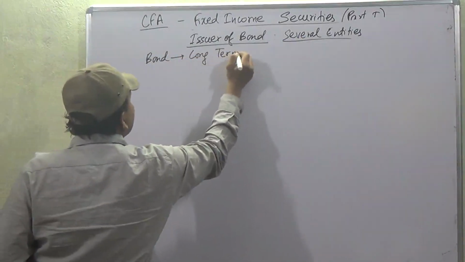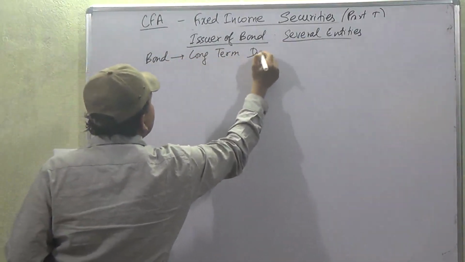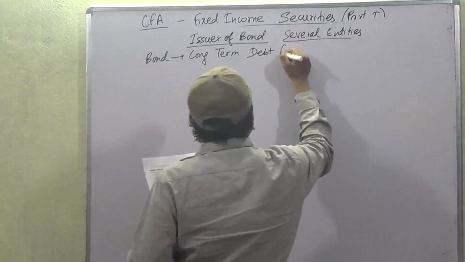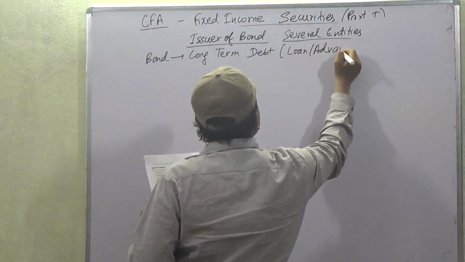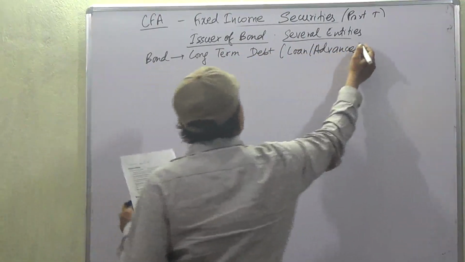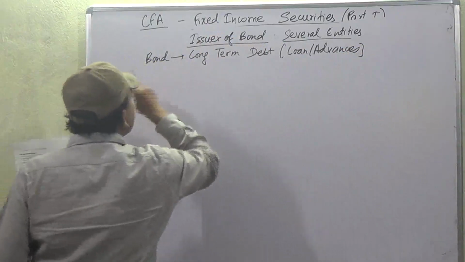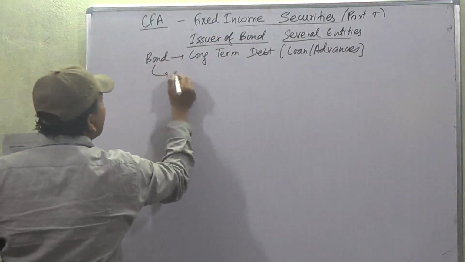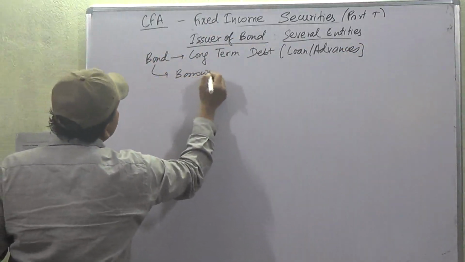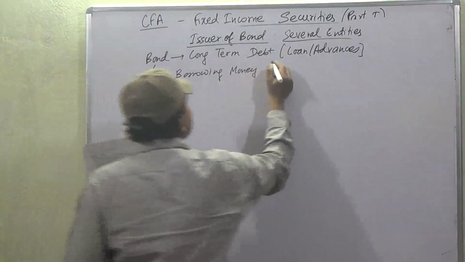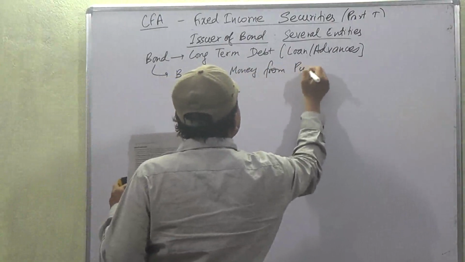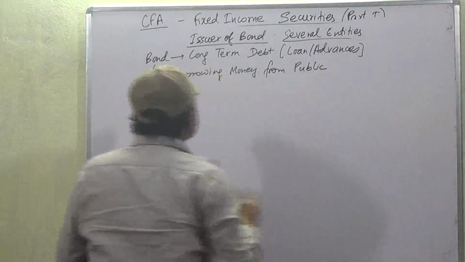Always remember, a bond is a long-term debt. Debt means loans or advances. So those who issue the bond are basically borrowing money from the public. Got the point?